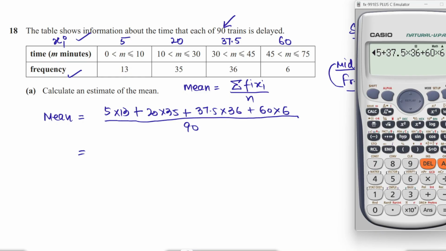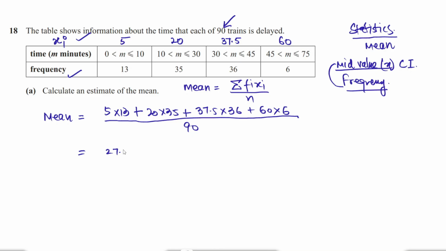Okay, so this gives you 2475 and we have to divide it by 90. So the exact answer comes out to be 27.5, and write the units also. So the mean time is 27.5. So that is how we find the mean.